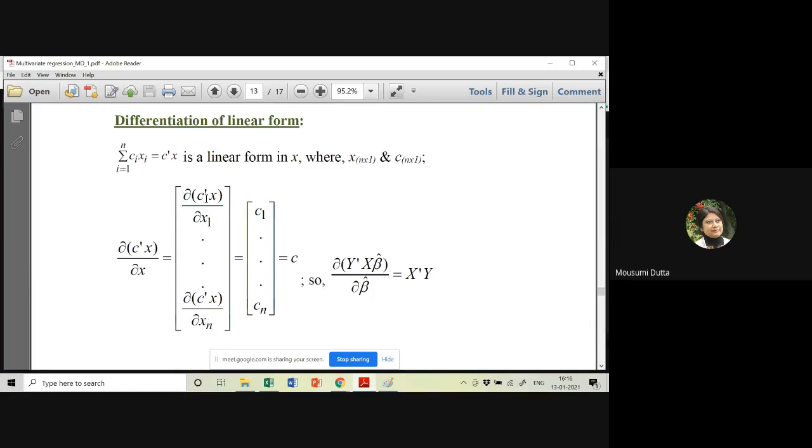Now, as I am taking derivative of C prime x with respect to x1, actually I am taking derivative of C1 x1 plus C2 x2 plus up to Cn xn with respect to x1. I'll get back C1. Next, if I take derivative of the same expression with respect to x2, I'll get C2. Finally, with respect to xn, I'll get Cn.